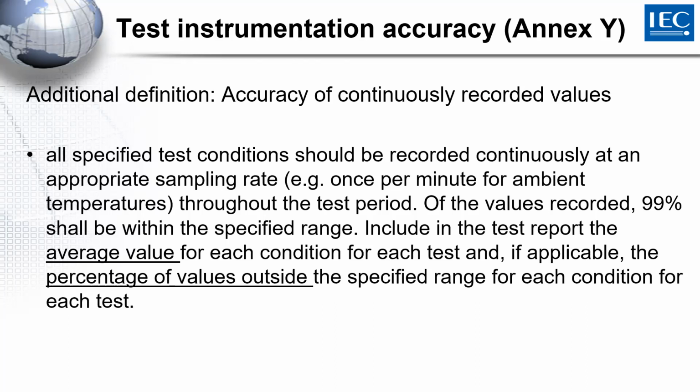And we ask you in the test report to include the average value of those continuous measurement values, and to record the percentage of values which are outside this specified range, to make sure that we have this 99% of the values inside. So this is a new way how we are looking at these continuously recorded values in this new standard.